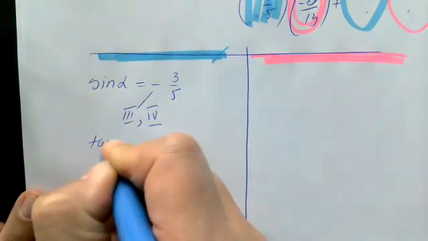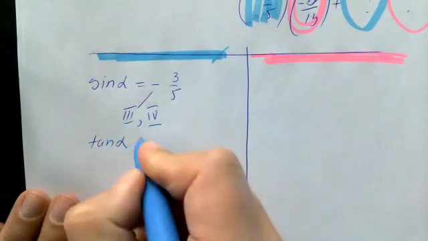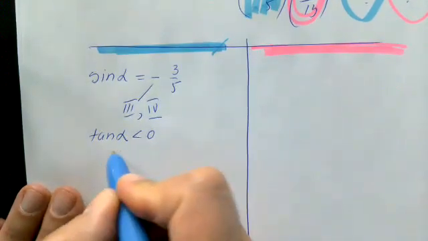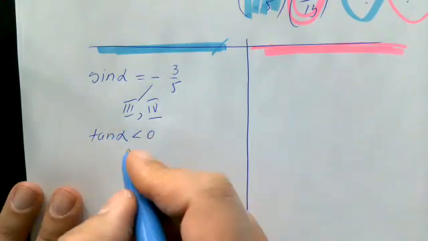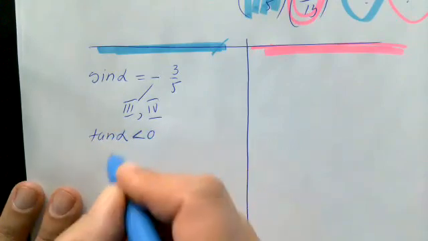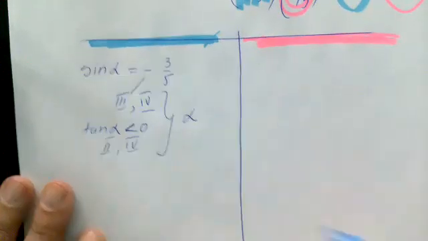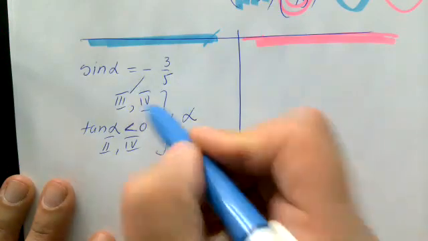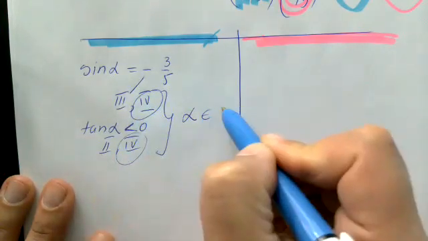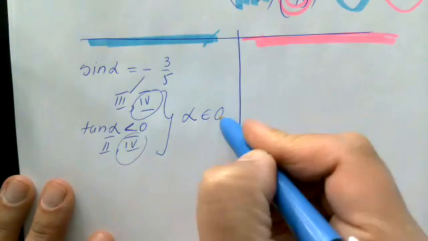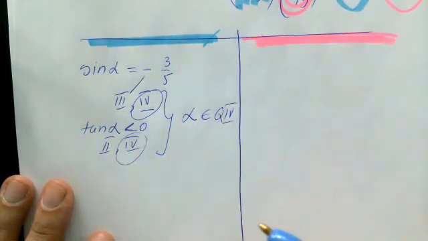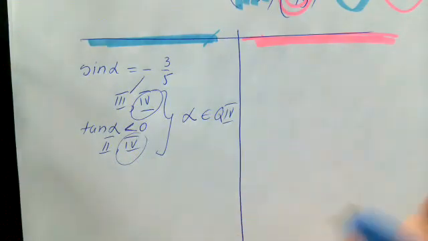We also know that tangent of alpha is negative, which is true for quadrants 2 and 4, meaning that I now know the angle alpha is in quadrant 4. So you always have to find a way to figure out what quadrant your angle is. If you don't, then you have to show 2 answers because I don't know in which quadrant it is, right? So either or, I don't know.